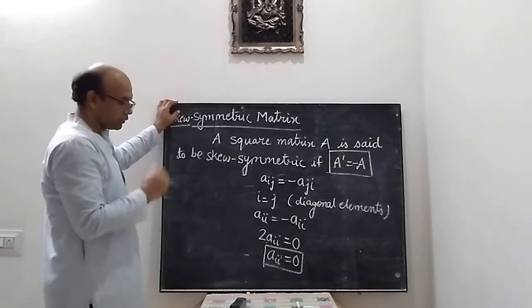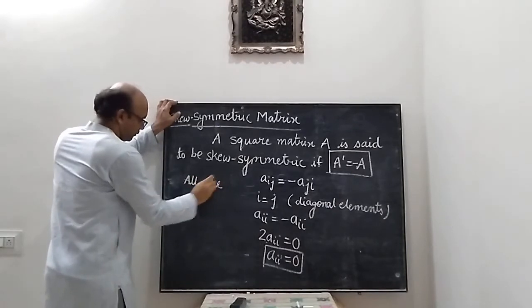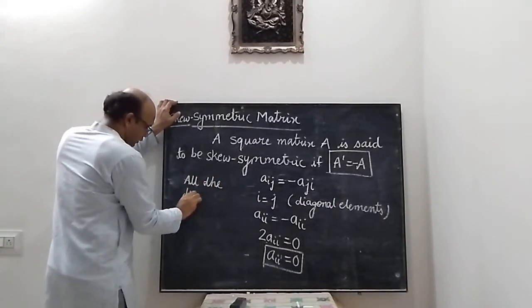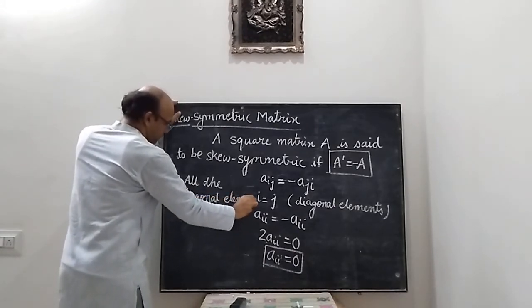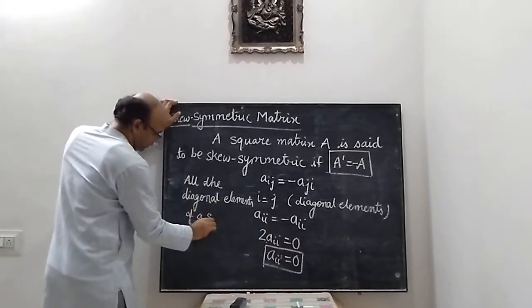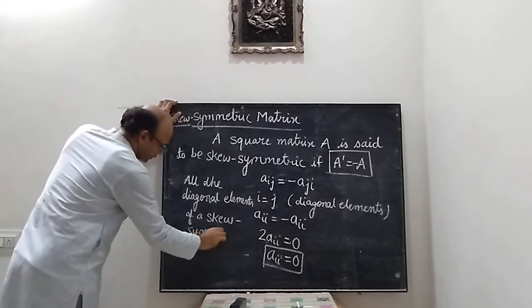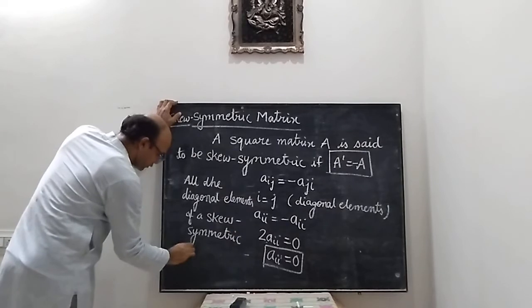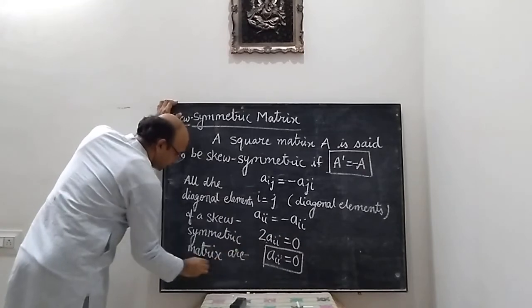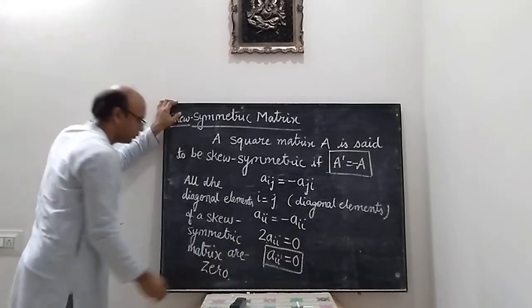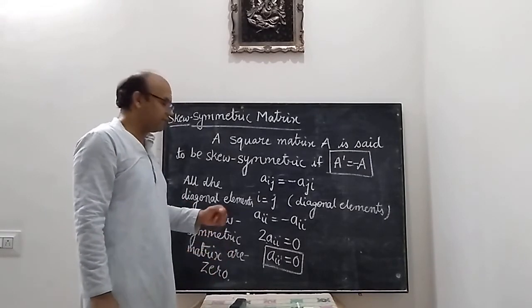So the conclusion is that all the diagonal elements of a skew symmetric matrix are 0.